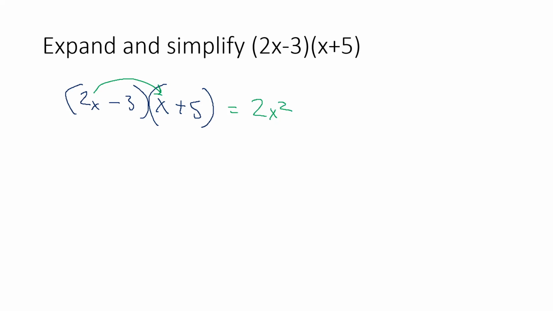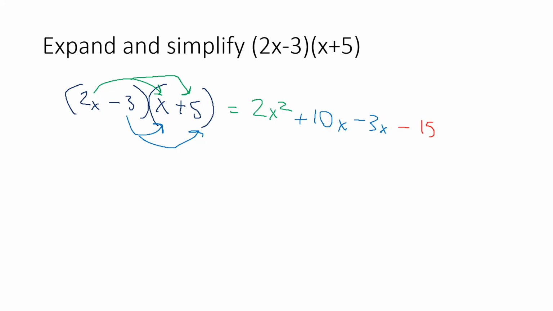Yeah? 2x times 5 is just going to be equal to 10x. Minus 3 times x is just going to be equal to minus 3x. And finally, minus 3 times 5 is simply going to equal minus 15.